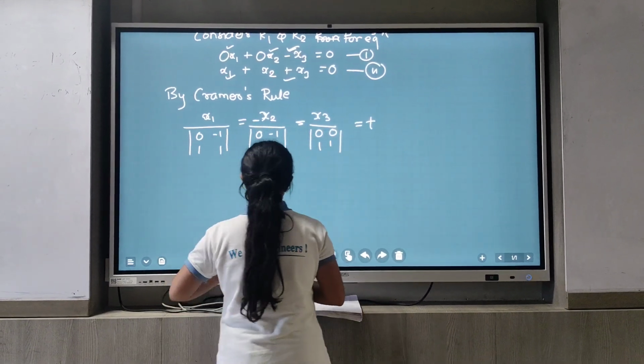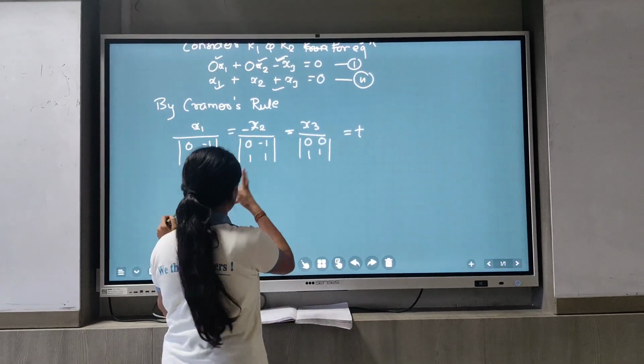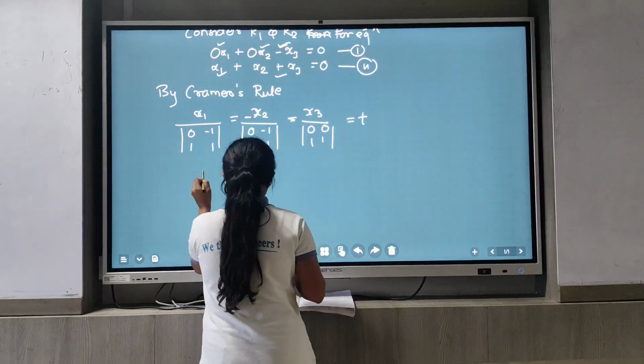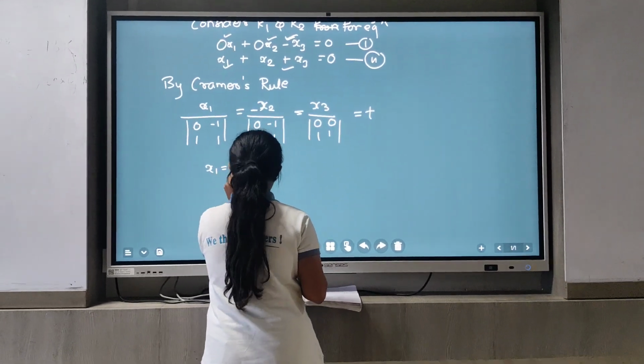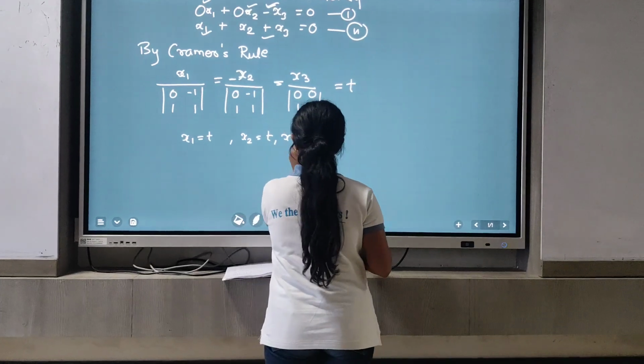After doing the multiplication of these three, we get x1 equals 3, x2 equals 3, and x3 equals 0.